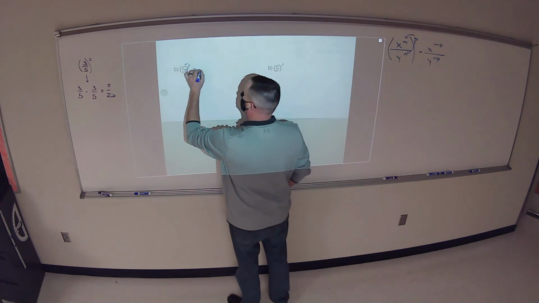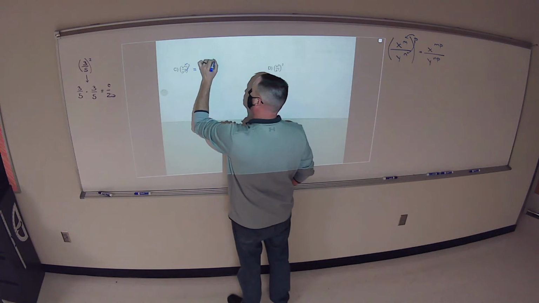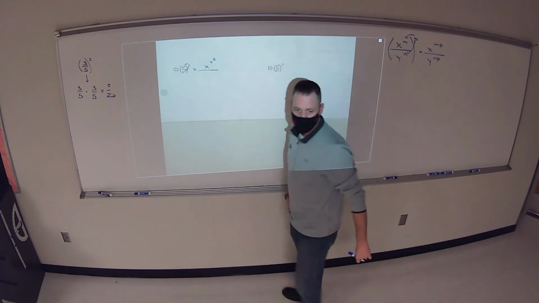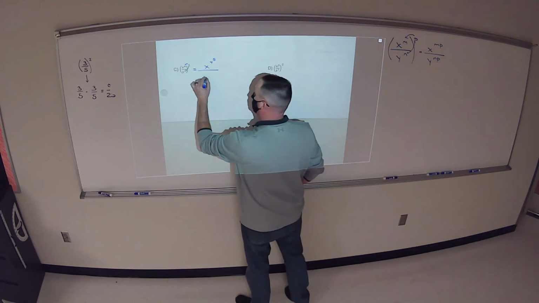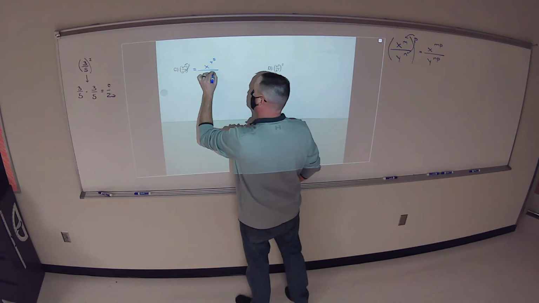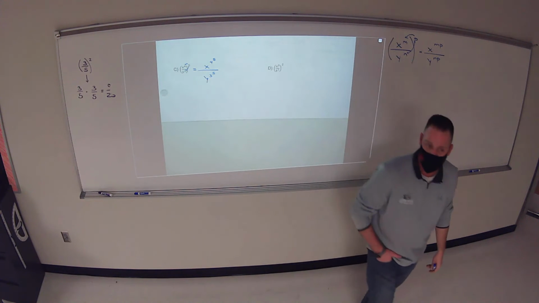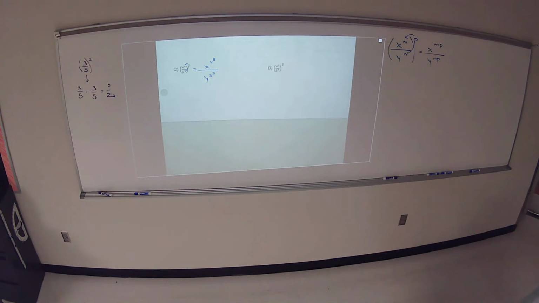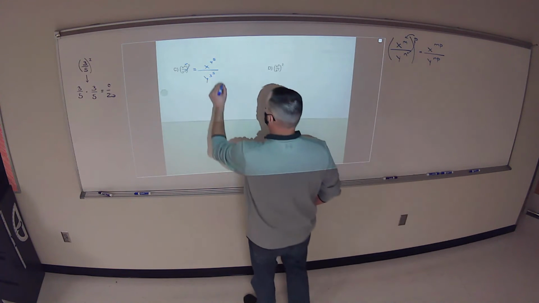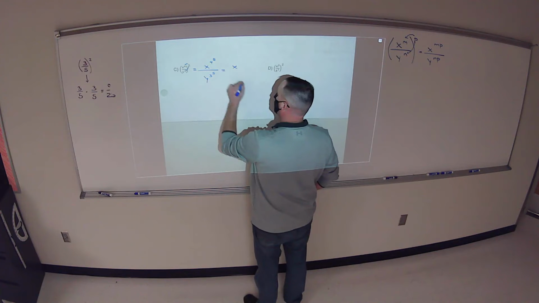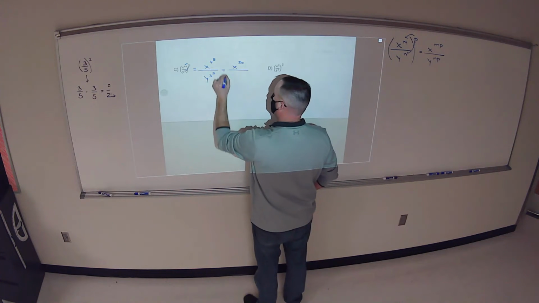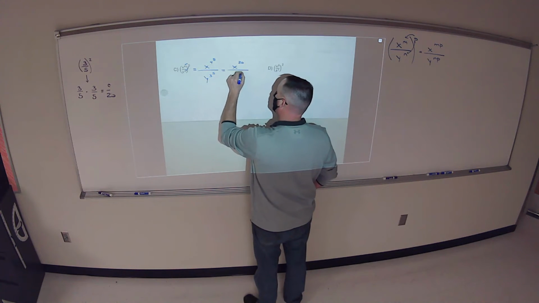Technically, what we're doing on the top is we're taking x to the 4th and raising it to the 5th, right? And on the bottom, you're taking y to the third, and then you're raising that to the fifth. What do we do when we have a power raised to a power? We multiply. So on the top, we're going to have x to the what? 20th. And on the bottom, we're going to have y to the 15th.